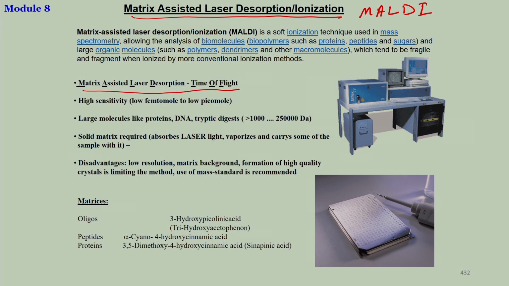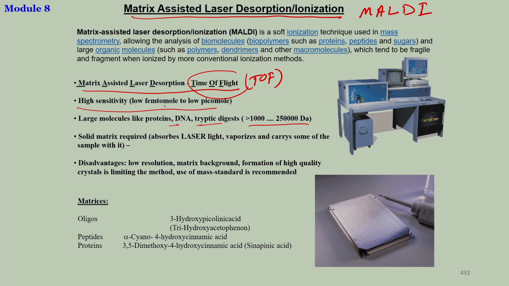It works on time of flight, TOF: the time it requires to fly. It is a very sensitive technique; you can detect low femtomole to low picomole quantities. It is for large molecules like proteins, DNA, tryptic digests.